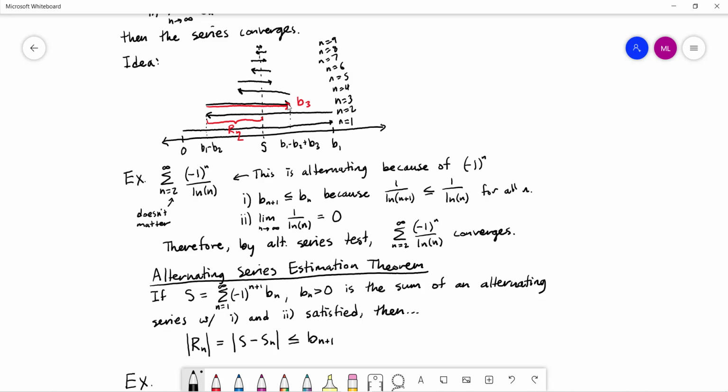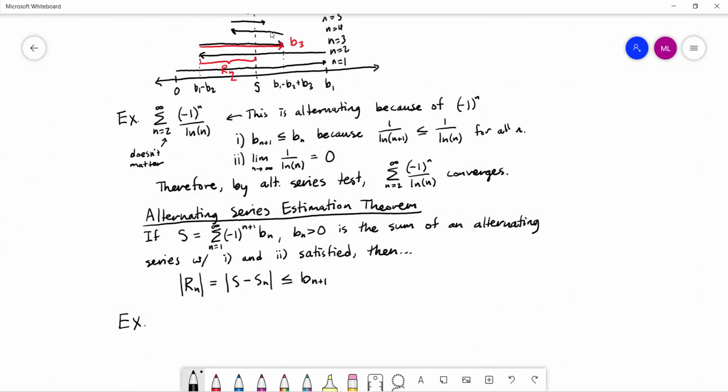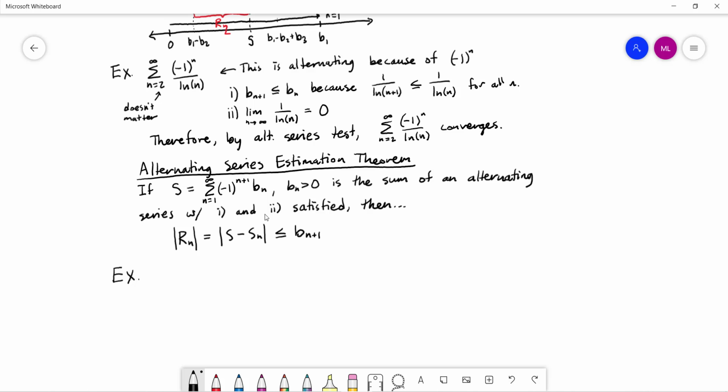At this point, after 3 terms, this is my residual, the distance between here and here, and that's going to be less than the length of the next arrow, which would be b4. And after that I'll be off by less than the distance of the next arrow, b5, and so on and so forth. It's just an artifact of the fact that we're zeroing in on the correct answer, and each one of these arrows is successively getting shorter and shorter. That's all that this boils down to.